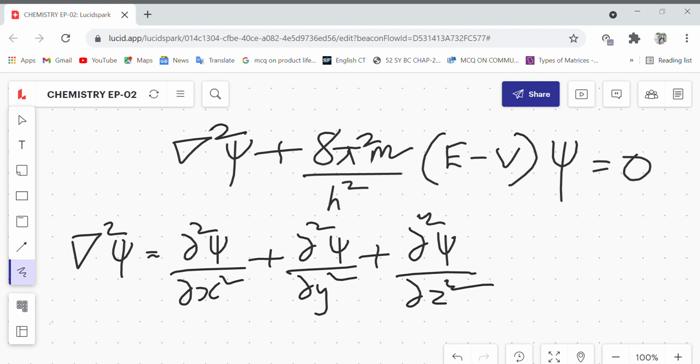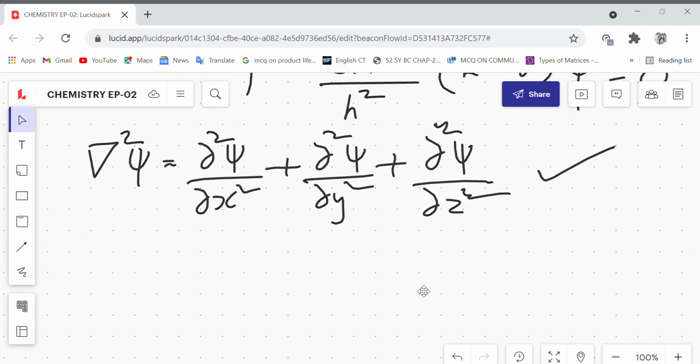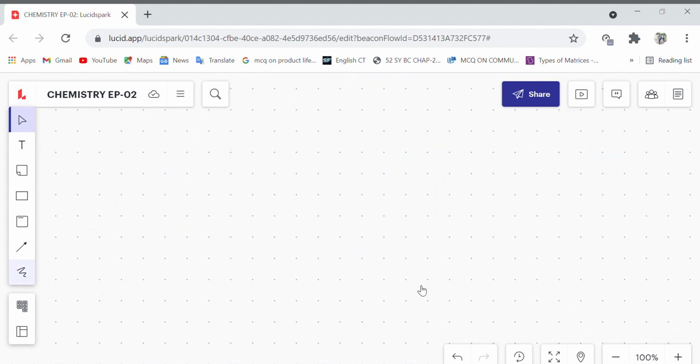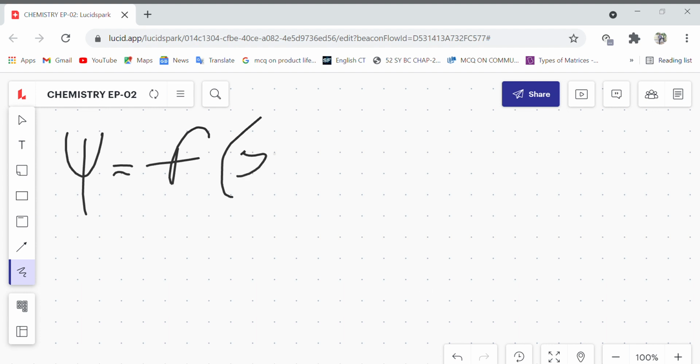This can also be written as this. Then we can write psi is equal to f of x, y, z.